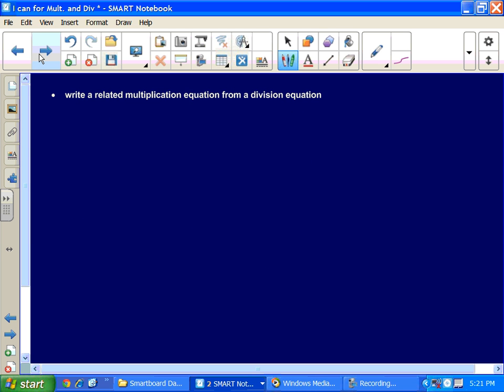Write a related multiplication equation from a division equation. So this time after I write this, you try this one, pause it, and see if you can write the related multiplication equation from the division. So if I said 72 divided by 9 is equal to 8, what would be the multiplication equation that we could write that's related to that?